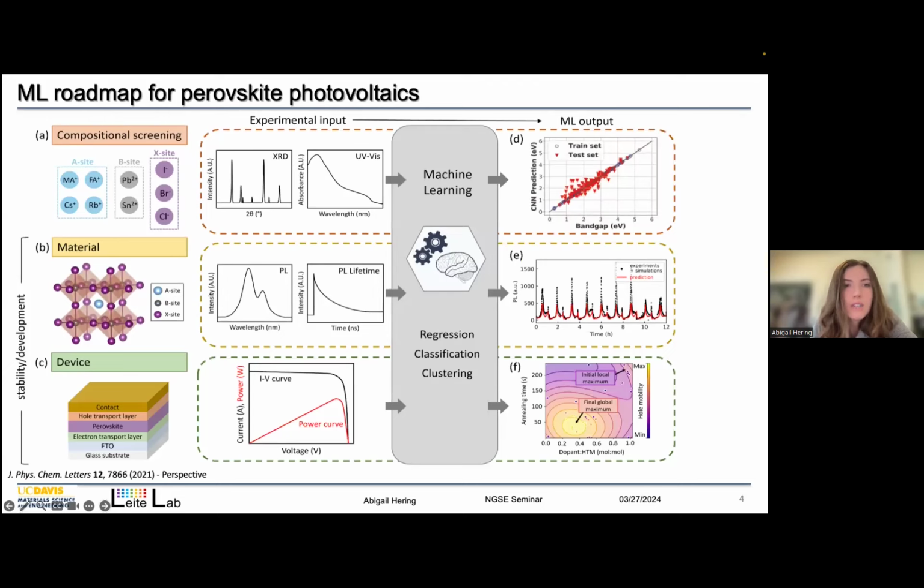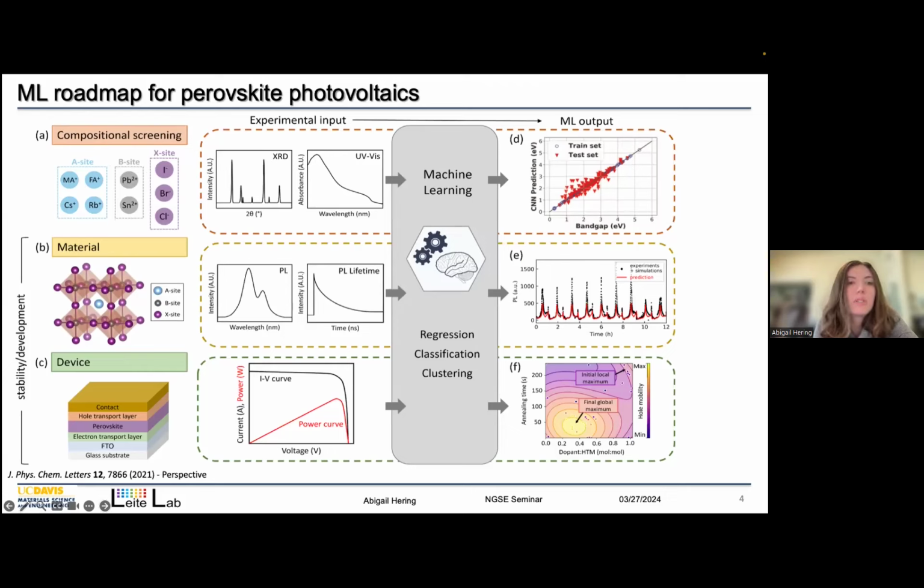So now I'll go over a roadmap for perovskite photovoltaics. Machine learning can be applied at each step of perovskite device development. Starting with the compositional screening, we can use machine learning to find the ideal composition for a desired property such as band gap.